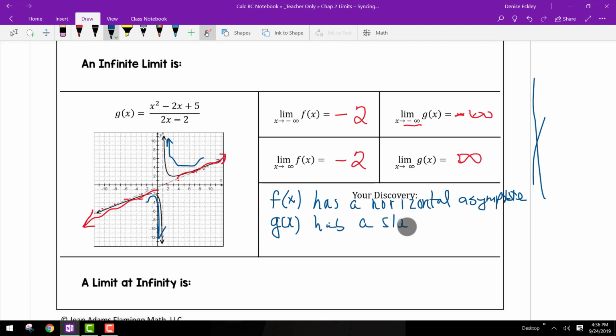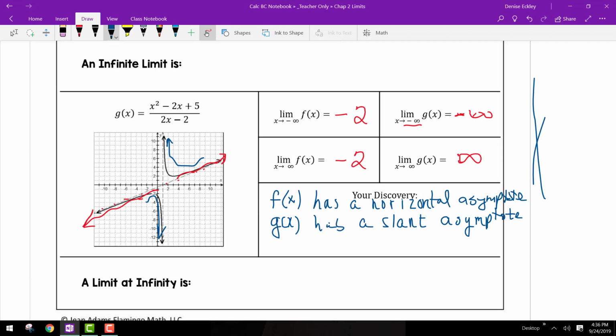And since a slant represents a line, and lines have no bounded end behavior, that's why our function g is unbounded at very large x's too, and very small x's.